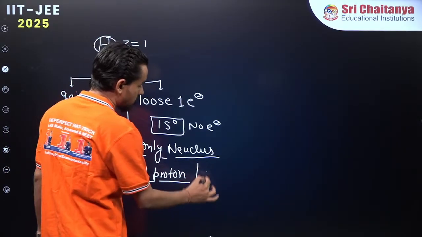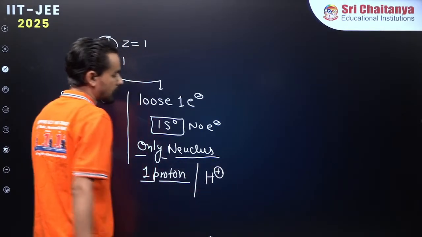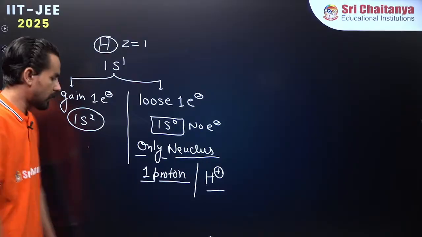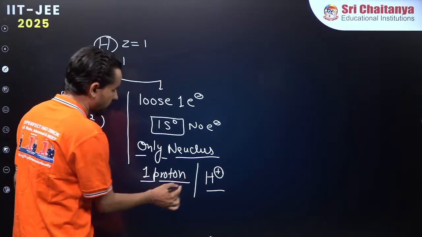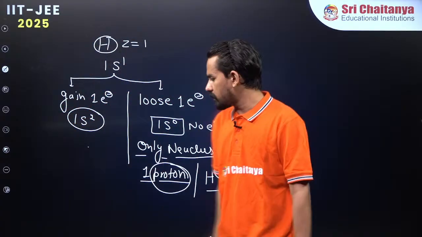Because hydrogen has lost one electron, it is known as H plus. So we can write it as H plus, or we can write it as proton; it means the same thing.